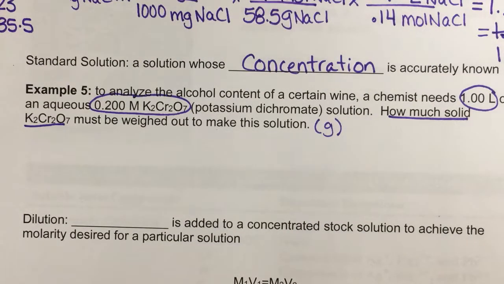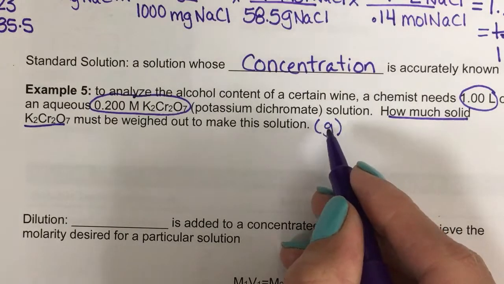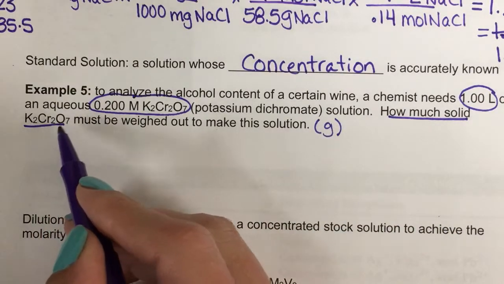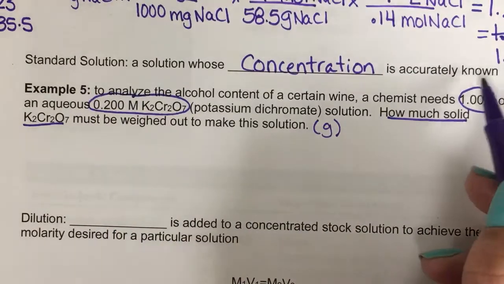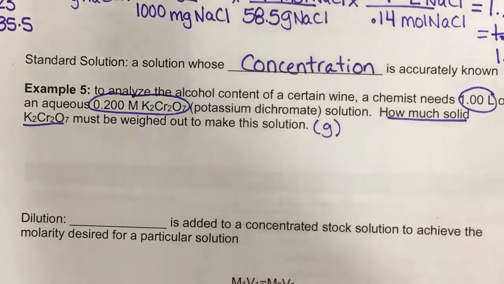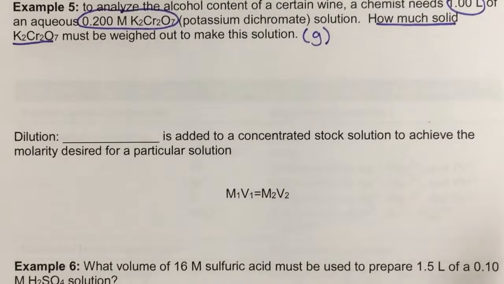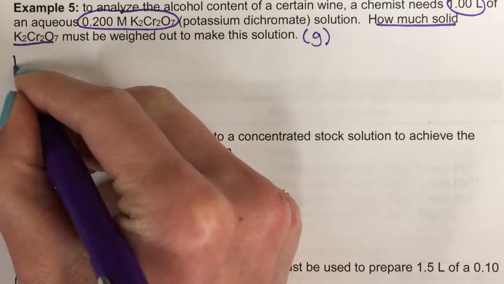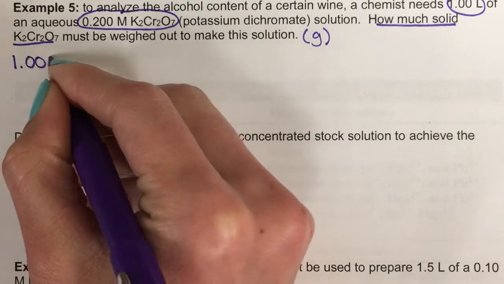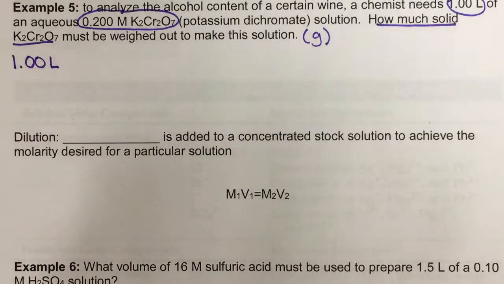So I'm trying to figure out how many grams of potassium dichromate I need to make a 0.200 molar solution, and I need 1 liter of it. Okay? So here's how I could solve this. I know that I need 1 liter of my solution.